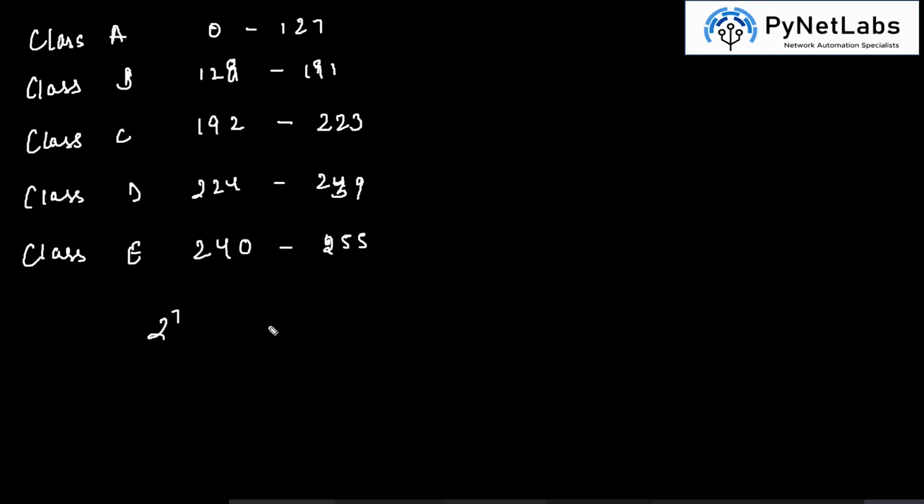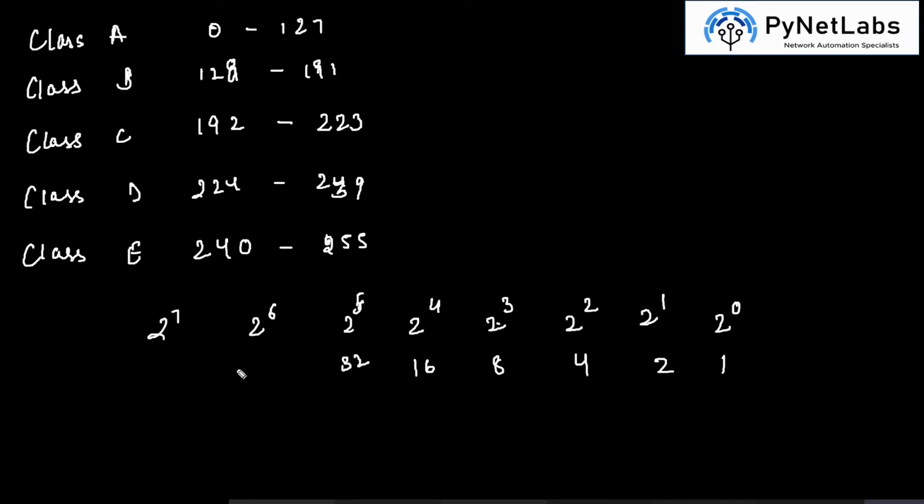We discussed the master formula yesterday, which was 2 raised to the power 7, 6, 5, 4, 3, 2, 1, and 0. The values of these are 1, 2, 4, 8, 16, 32, 64, and 128.